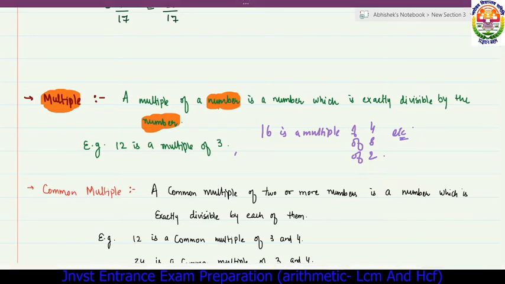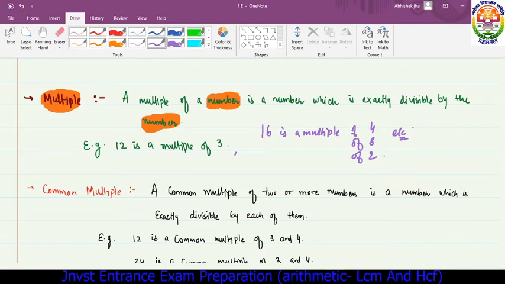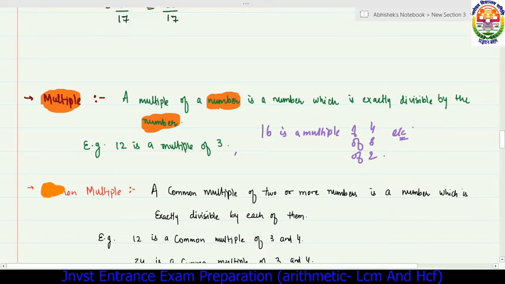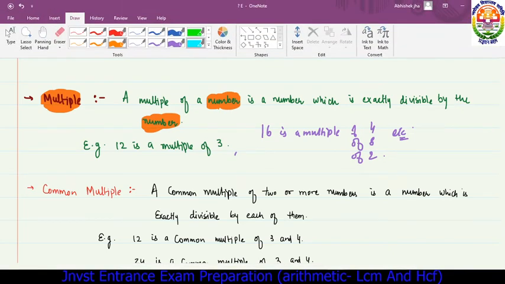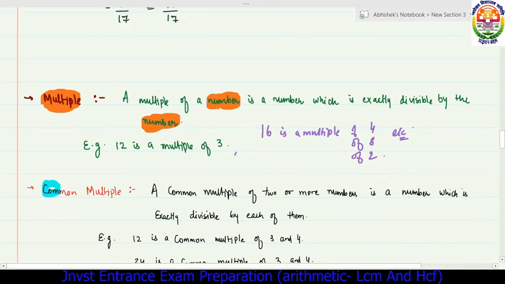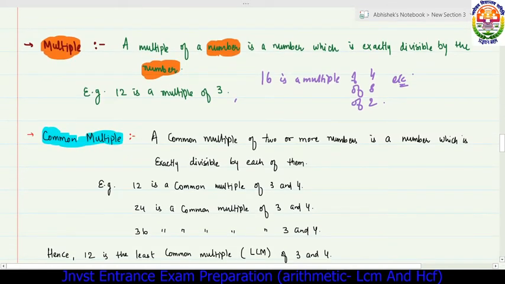Now the second portion is common multiple. A common multiple of two or more numbers is a number which is exactly divisible by each of them. If I write 12, it is a common multiple of 3 and 4, because 3 4s are 12.